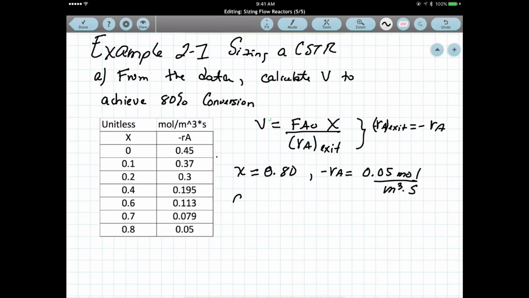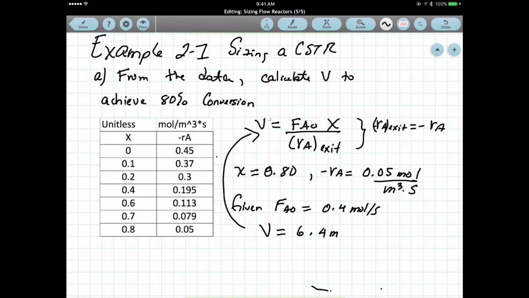Given that the initial molar flow rate equals 0.4 moles per second, we can substitute everything into this equation, and we get that the volume of the reactor equals 6.4 meters cubed, which is the same thing as 6,400 decimeters cubed, or liters.